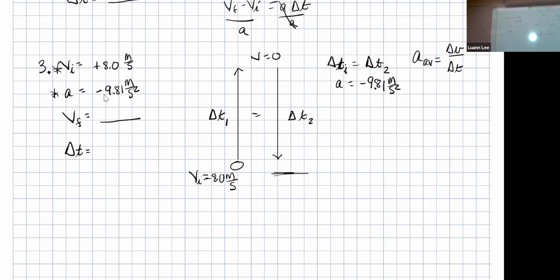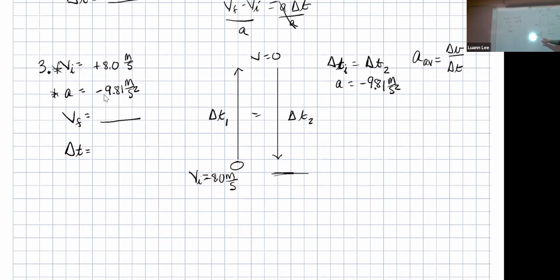And we know that we have 8 meters per second as our initial velocity. So if the time doesn't change between the up and the down, and the distance doesn't change, what's going to be true of the velocity?